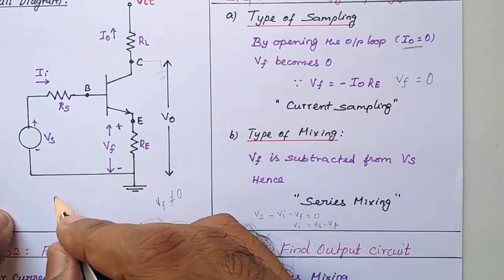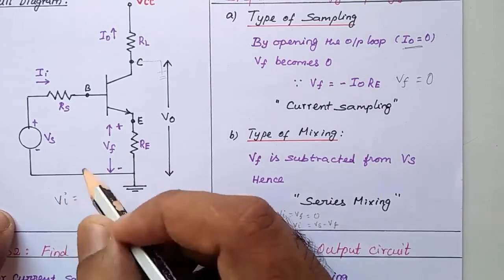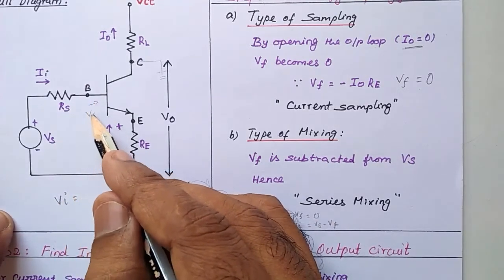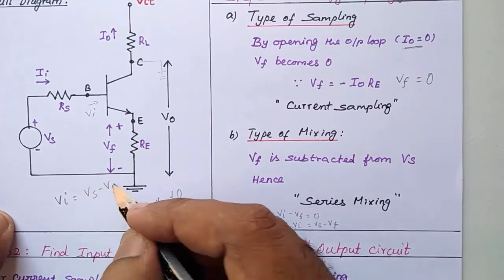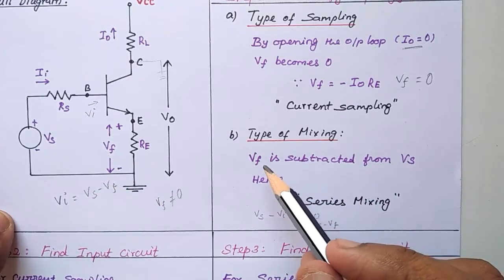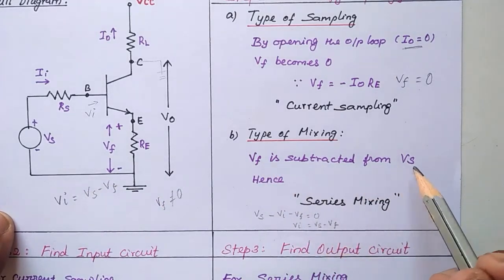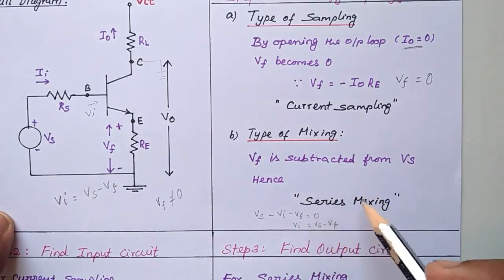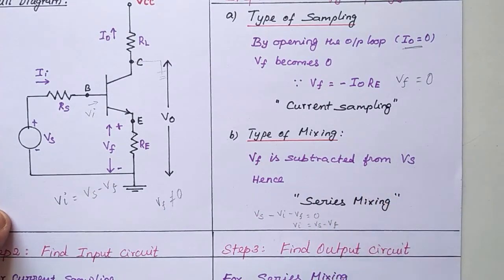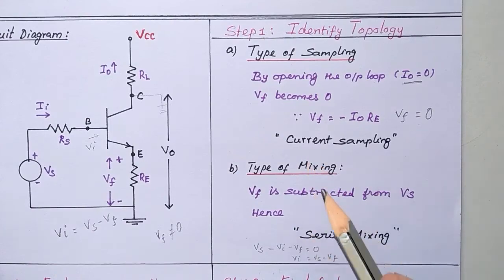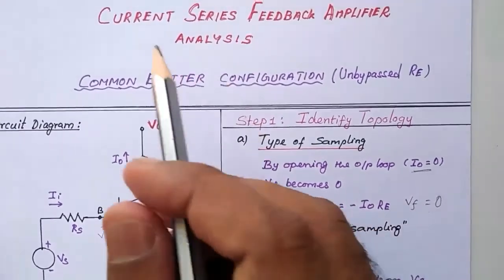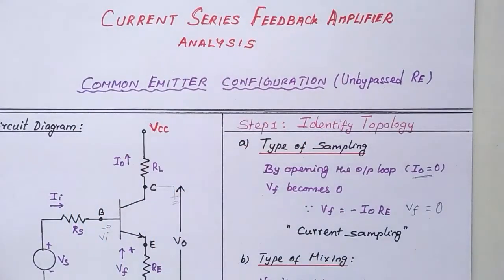We have VI, the input voltage, equal to Vs minus Vf. When Vf is subtracted from Vs, we say this is series mixing. So till now we have completed the first step of identifying topology. The sampling is current and mixing is series. Hence it is called a current series feedback amplifier.